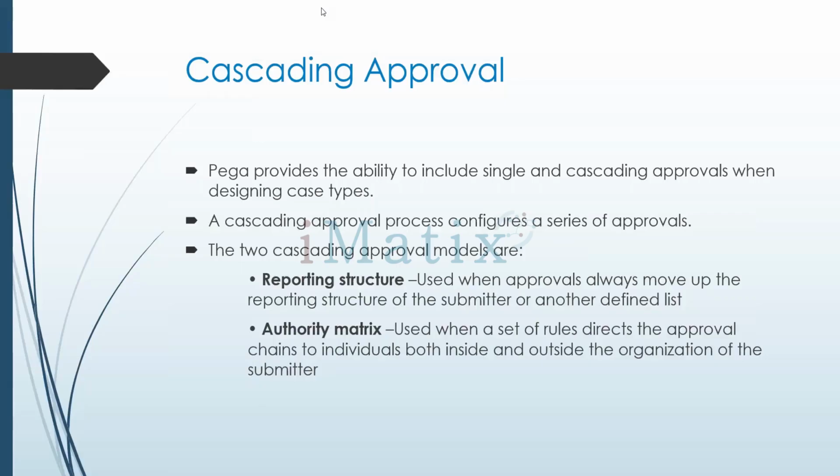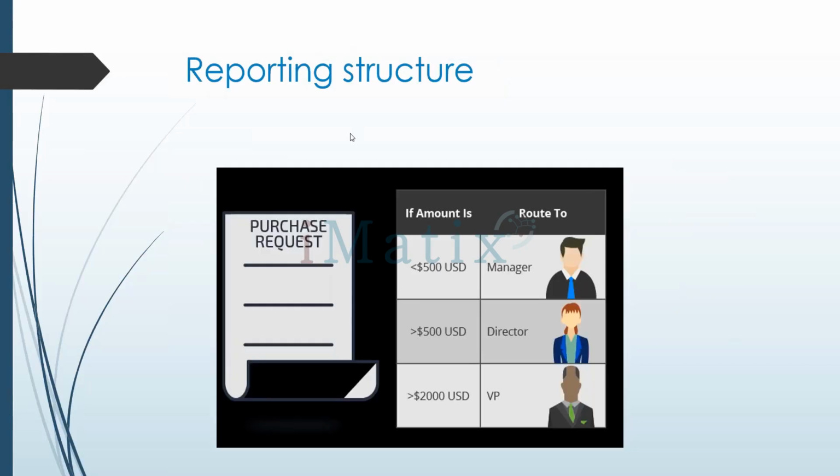From the manager, it might go to the director of technology. From him, it might go to the vice president technology. A series of approvals are required, and all of these are in the reporting hierarchy because you report to your manager, manager reports to director, director reports to VP. Reporting structure based hierarchy is when the people belong to the same reporting hierarchy.